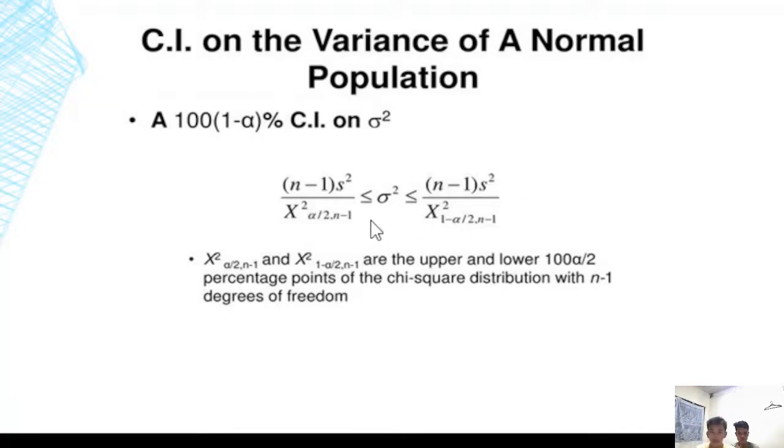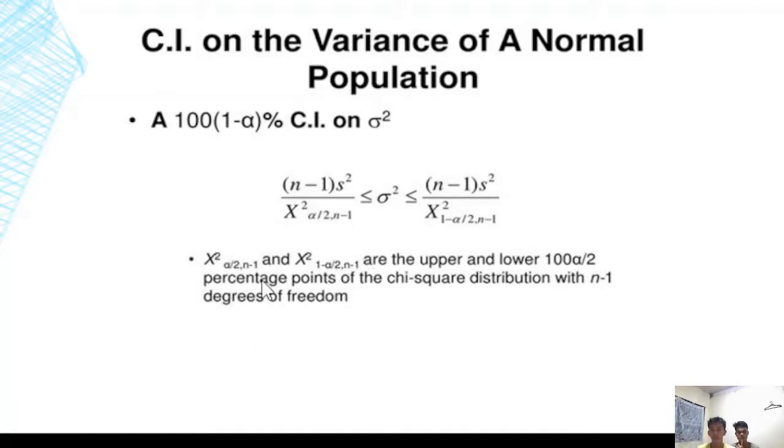So yung formula: sigma square is greater than or equal to the quantity of n minus 1 times s square all over chi-square sub alpha over 2 comma n minus 1, and sigma square is less than or equal to the quantity of n minus 1 times s square all over chi-square sub 1 minus alpha over 2 comma n minus 1.